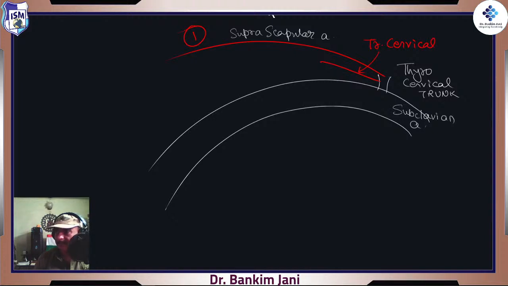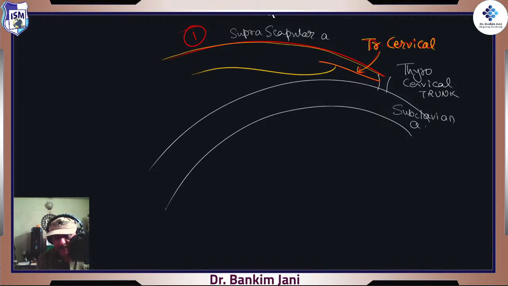Let me change the color. This is transverse cervical, correct? This was our suprascapular. This is transverse cervical, and then another branch goes, this is the deep branch. So two branches are coming from the thyrocervical trunk, from the subclavian artery.